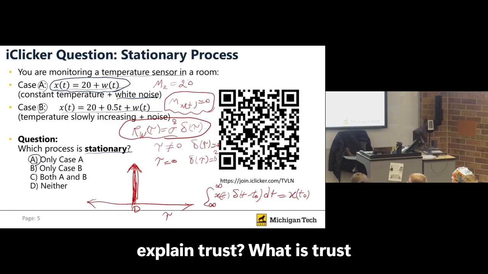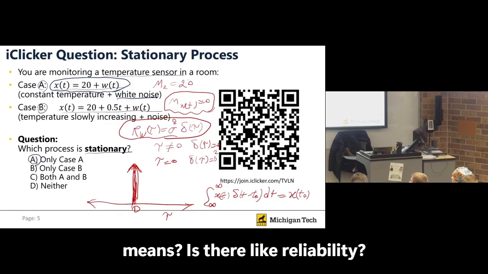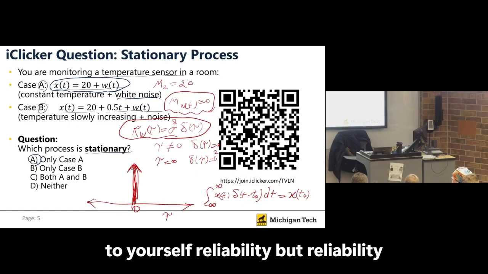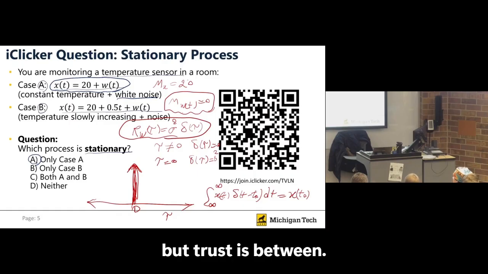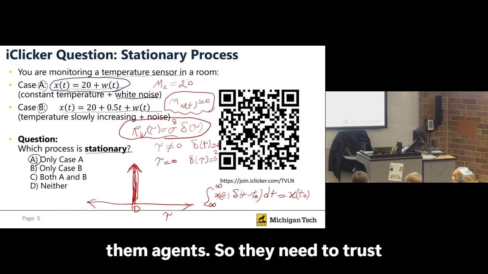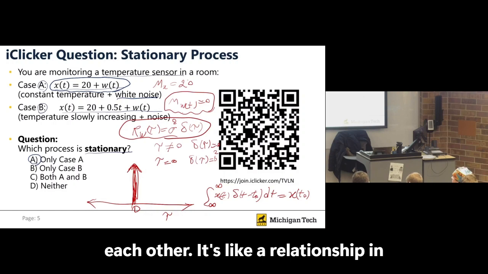But how can you explain trust? What does trust mean? Is it like reliability? No. Maybe we can define reliability as trust to yourself, but trust is actually between multiple agents. We call them agents. They need to trust each other.